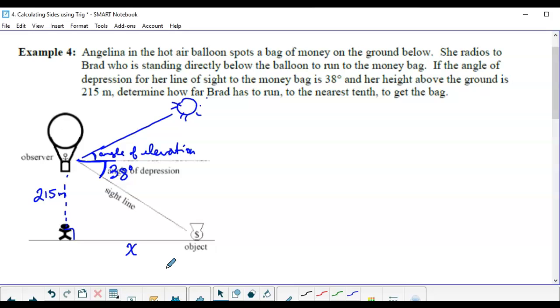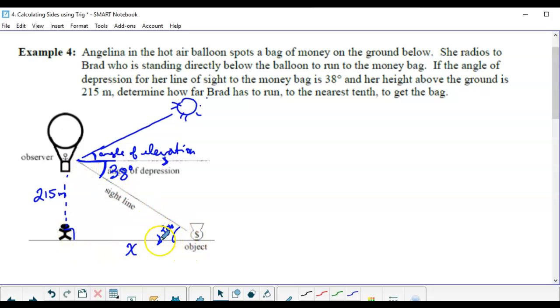So that's x. So the thing is, this 38 isn't in our triangle, but we reviewed already a few days ago that if you have two parallel lines, which the horizontal is, right, horizontal lines are parallel, then this 38 is the same as this angle. It's the Z rule. So now we have a triangle.